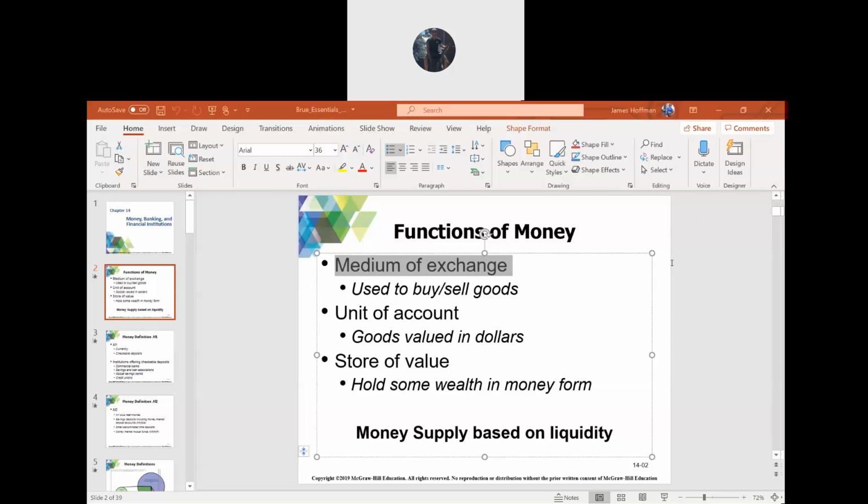Without this function, you wouldn't have a universal currency to buy and sell goods. Anyone knows they can sell their goods and services for dollars, currency, or money, and anyone knows they can buy goods and services with money. So the medium of exchange is probably the most important.